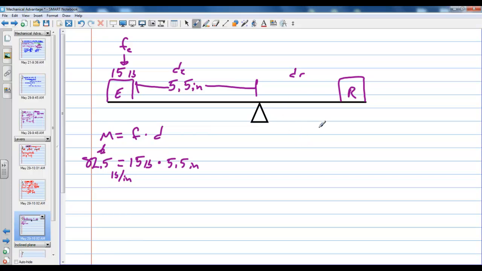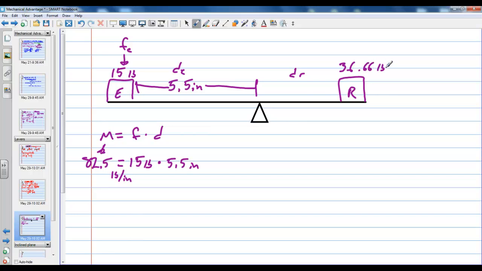Now over here, if we put in a resistance force of 36 2/3 pounds, kind of a weird number, I know, so 36.66 pounds.